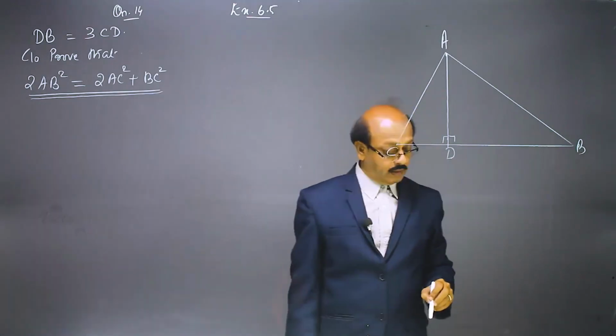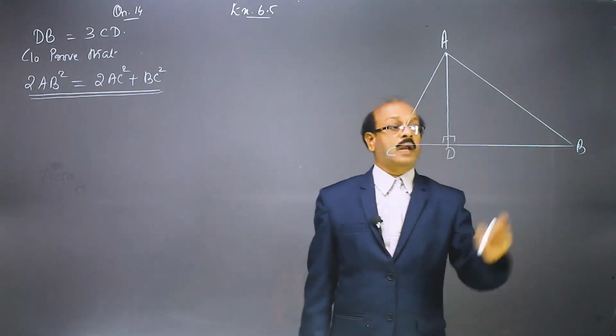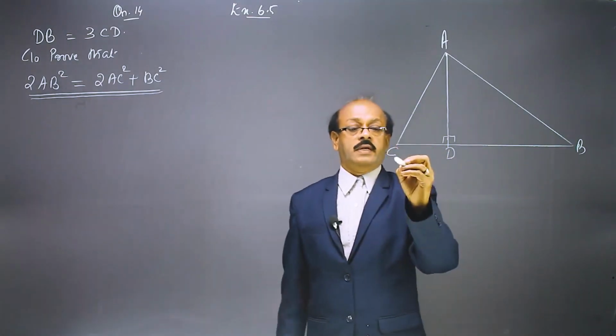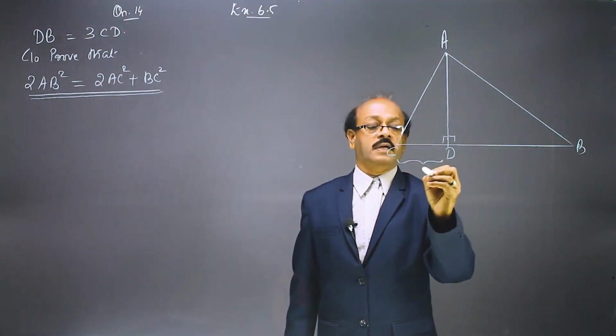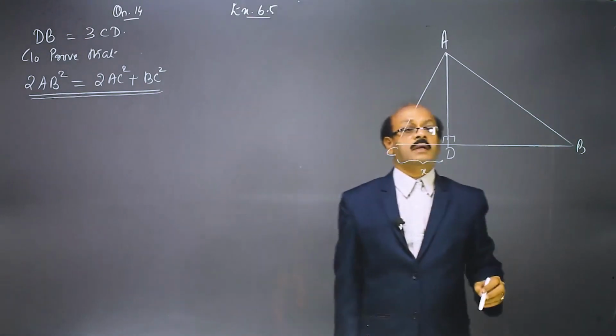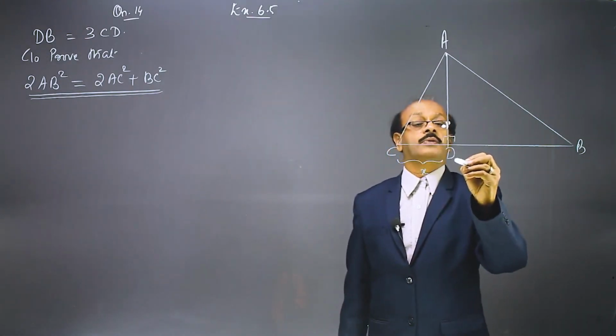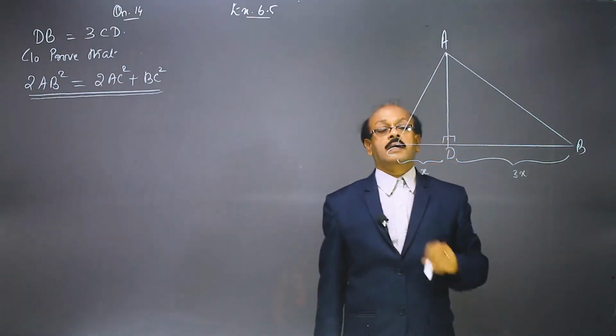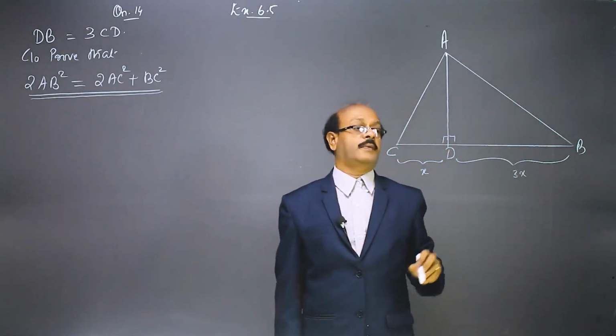It is given. Now the given condition is the length of BD is equal to 3CD. If we take the length CD is equal to x, then the length BD is equal to 3x. This is the relation connecting CD and BD.